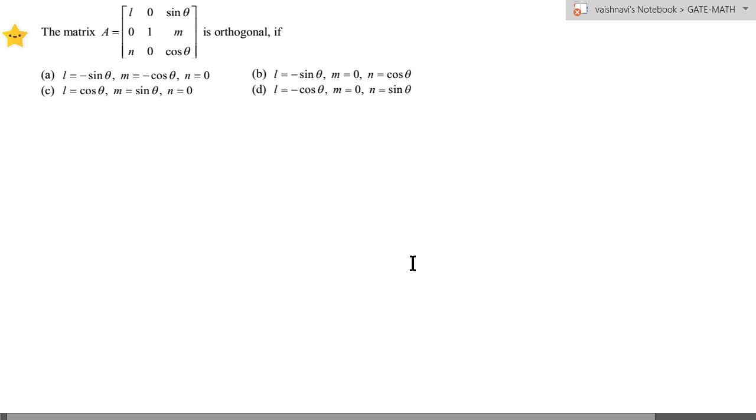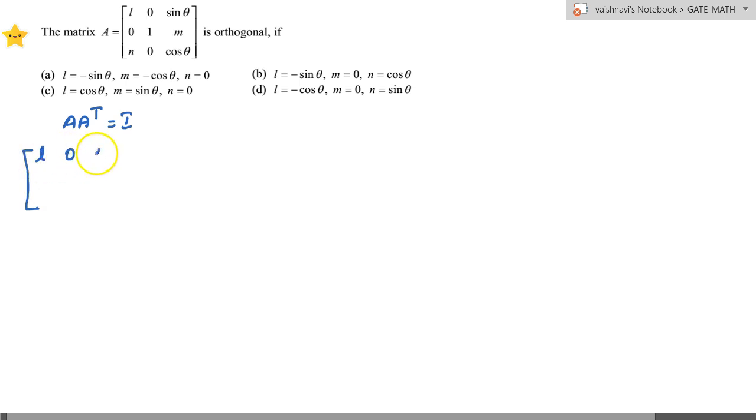Now let's see a problem on orthogonal matrices. The matrix A is equal to [l, 0, sin theta; 0, 1, m; n, 0, cos theta] and is orthogonal if... they have given you a matrix A that is orthogonal, and what we have to find is the condition on which it is orthogonal. So what is an orthogonal matrix? A A transpose is equal to I. So what is A here?